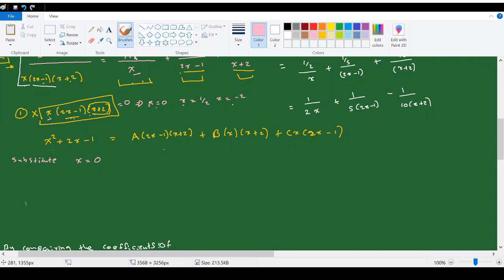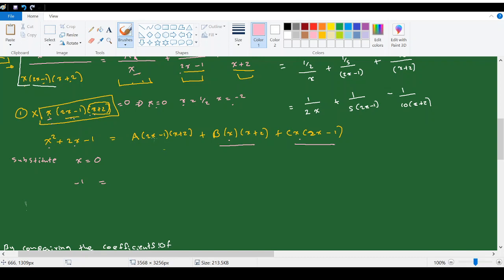So when you substitute x equals 0, on the left hand side this becomes 0 and this becomes 0, so you will have negative 1. And on the right hand side, by substituting x equals 0, this becomes 0, so the total thing will be equal to 0, and this becomes 0, so the total thing will be equal to 0. That means the only term which remains will be a, right?